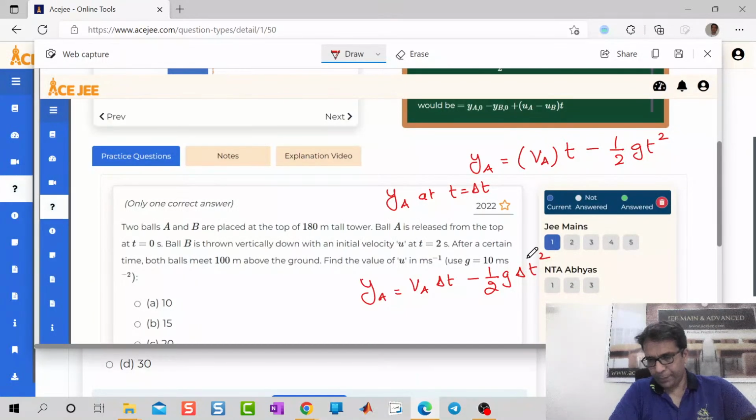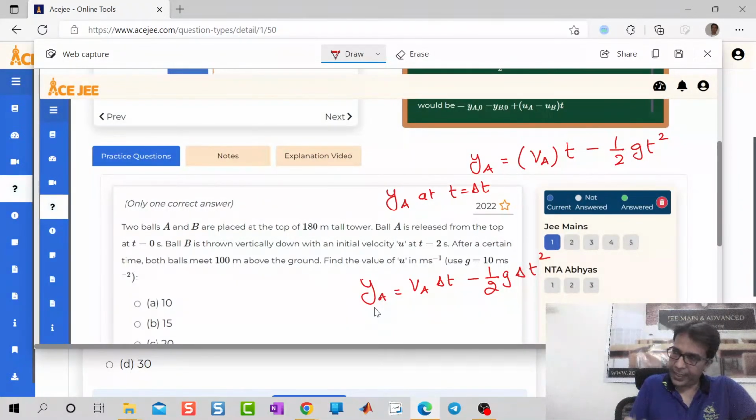Okay. Now, when you write the equation for the position of A, let me call it y dash A, now measuring it from that point. So now we're assuming that you've defined your new t equals 0 when A is somewhere over here and B has just been launched. Correct?